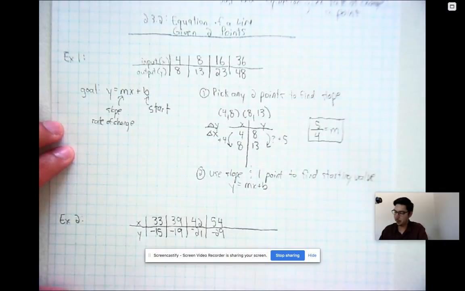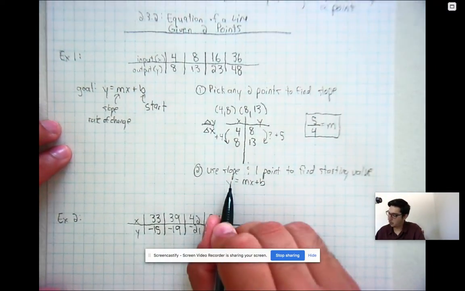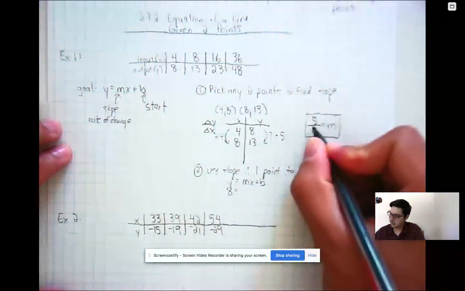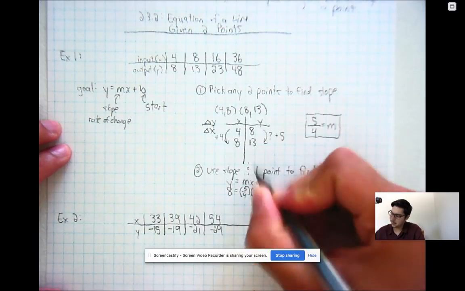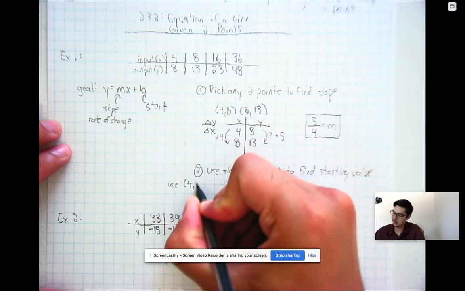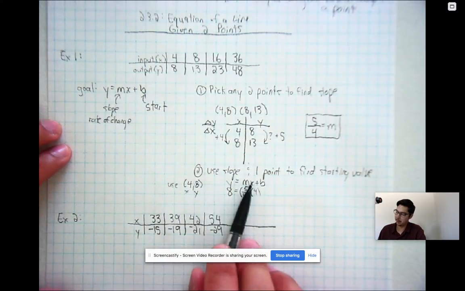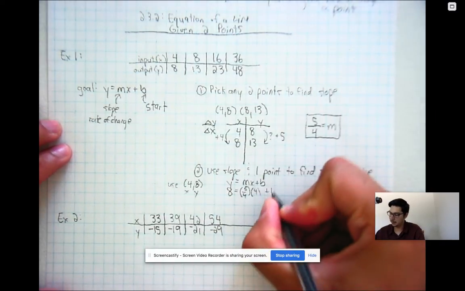And I'm going to use the point 4, 8. Smallest numbers, it's the easiest. So y is 8, the m is 5 over 4, the x is 4. So again, I'm using the point 4, 8, which is how 8 became the y and 4 became the x. The 5/4 is my slope. And then we have plus b.